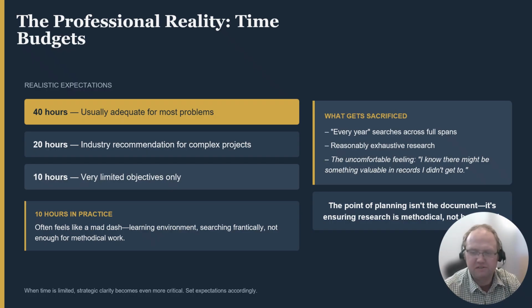That's triage, not reasonably exhaustive research. Although one could argue that reasonably exhaustive might just be that. It was reasonably exhaustive for that situation. It's a big debate what reasonably exhaustive means. It's one of those great ways to get in a fight with a genealogist. Well, I wouldn't say a fight, more like a very heated, passionate debate.